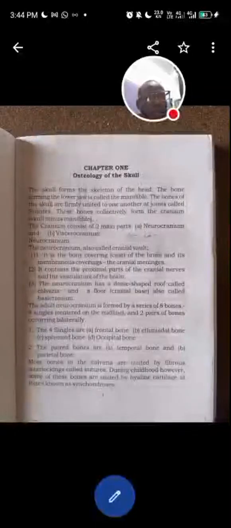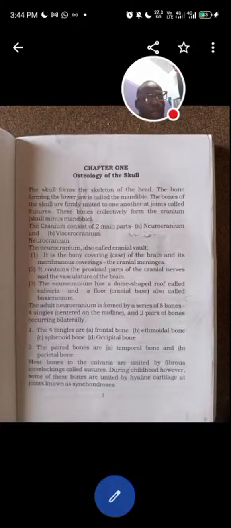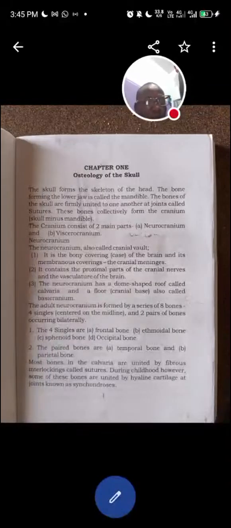Okay, now let's move on. Today we are looking at the neurocranium. It's also called the cranial vault. The adult neurocranium is formed by a series of 8 bones.